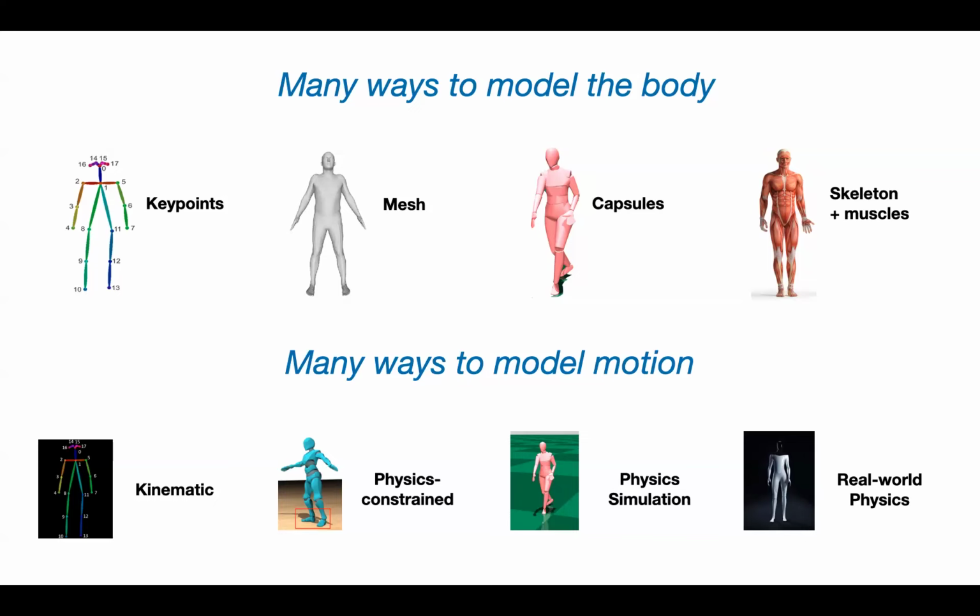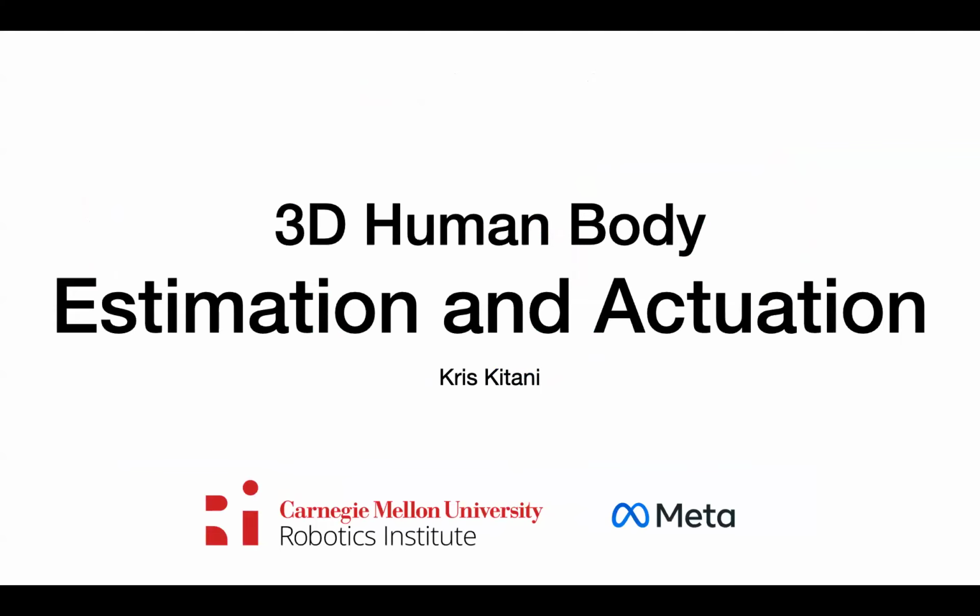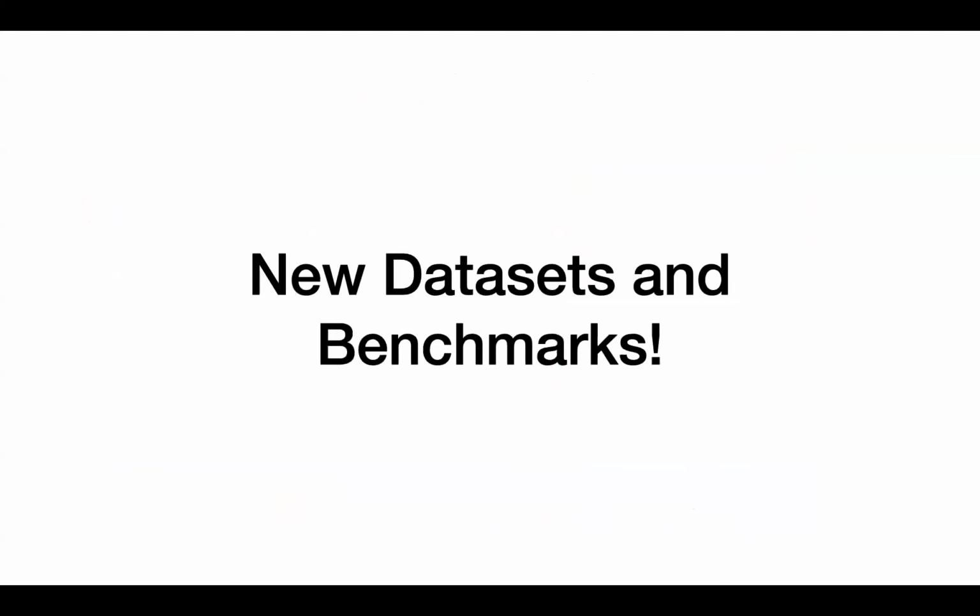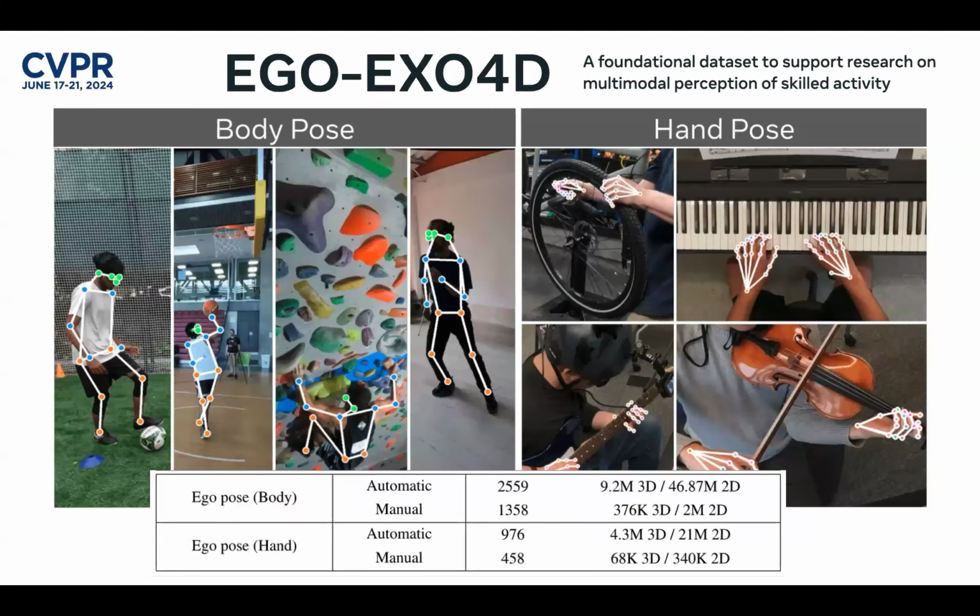We have 10 minutes, so since we have a little bit of time, I'd like to do a short plug for some data sets and benchmarks that are coming out. The first one is the Ego-Exo4D dataset. It's a very big data set, but a portion that might be really relevant to this crowd is, out of the seven different benchmarks, the Ego-Pose body and hand benchmark.